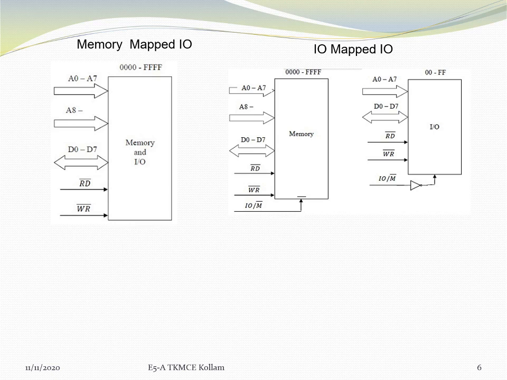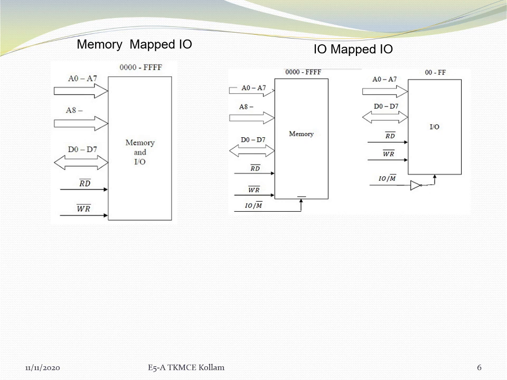Whenever the IO/M bar signal is active high, the address on the address bus is for an I/O related operation. Whenever IO/M bar is low, the address on the address bus is for a memory related operation. When we are considering memory read and memory write in the I/O mapped I/O scheme, just like earlier, when we are loading the content of a memory location into the accumulator or saving the content of the accumulator into any location, the microprocessor places a 16-bit address on the address bus.